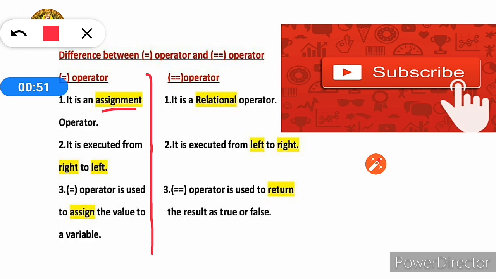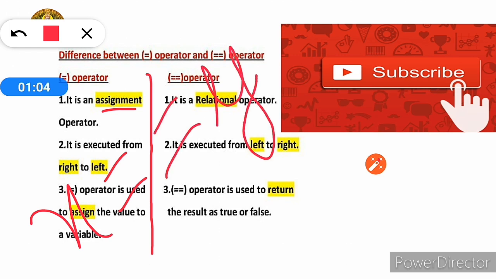And why is == a relational operator? For understanding this, we take a simple example, x == y. Here == is a relational operator, as it relates the two variable values, checking whether the value of x is equal to y.